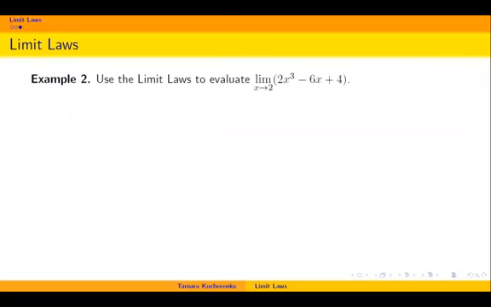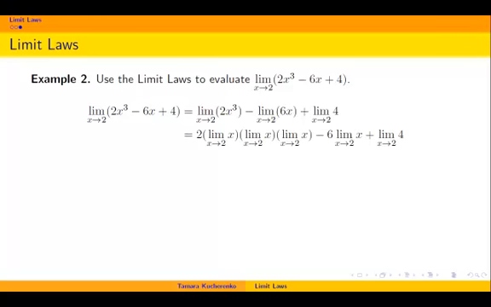The next example is to evaluate the limit as x approaches 2 of 2x cubed minus 6x plus 4. First, we use the sum and difference law to get the limit of 2x cubed minus the limit of 6x plus the limit of 4. Now we use the constant multiple law to factor out 2 from the limit, and then we treat x cubed the same way we treated x squared.